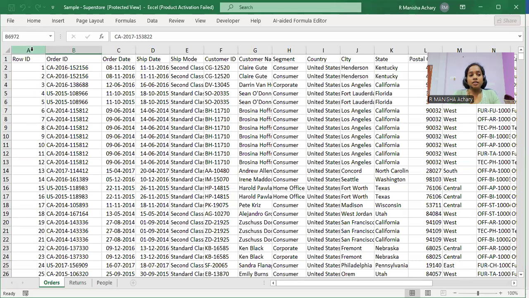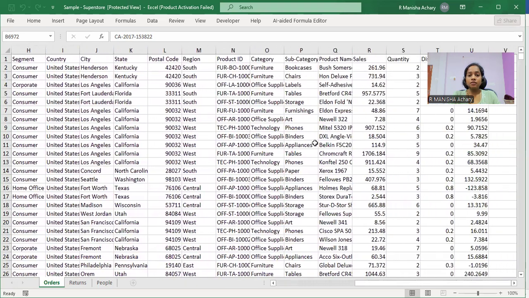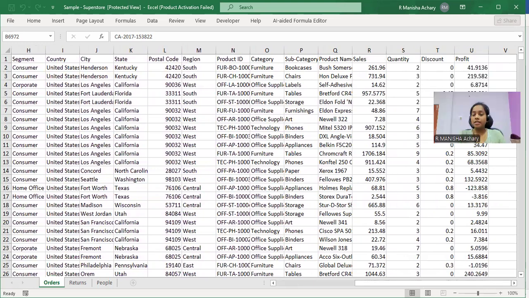It has columns like row ID, order date, ship date, ship mode, customer ID, customer name, segment, country, city, state, postal code, region, product ID, category, subcategory, product name, sales, quantity, discount, and profit.